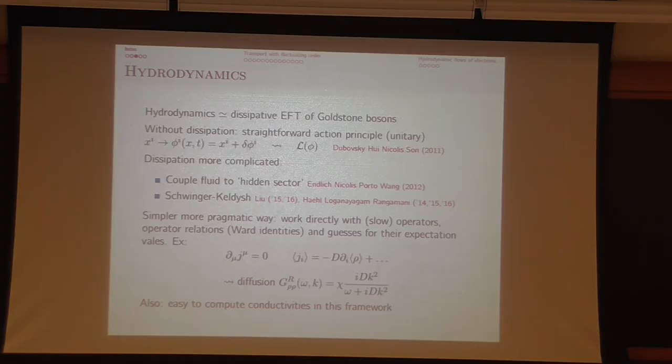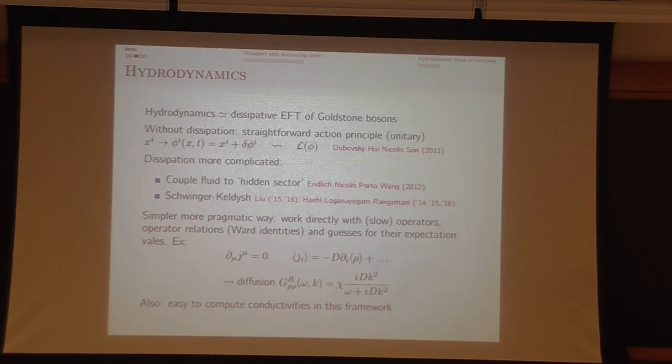So there's a simpler pragmatic way if you're just interested in getting correlators, which is kind of like in hadron physics when you do current algebra instead of working with effective actions. Like we treated pions before having the chiral Lagrangian, for example. The idea here is to work directly with slow operators. I'll be more specific later about which operators I'm keeping in my description.